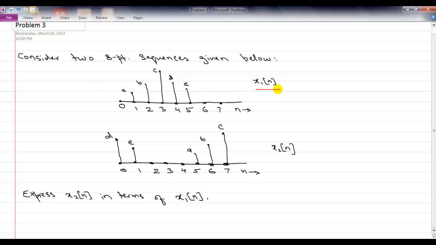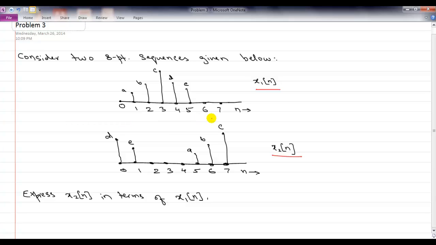This is x1[n], this is x2[n], and you are asked to write x2[n] as a function of x1[n]. Okay. They are two completely different sequences, but they are both length 8 sequences. They go from 0 to 7, and you are asked to express them in relation to each other.